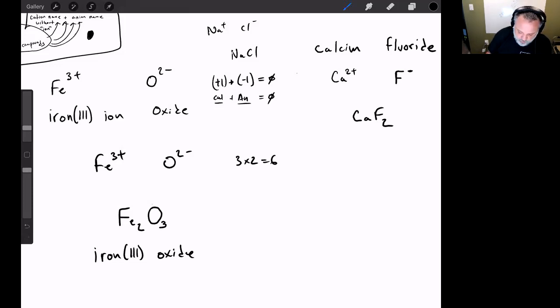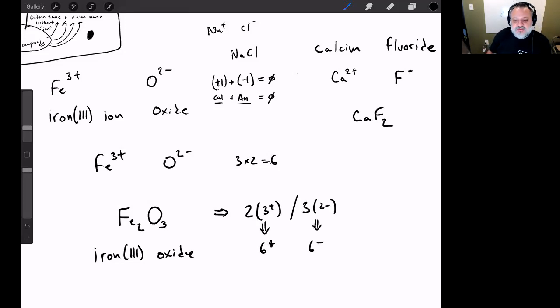Let's think about what the overall charges are. I have 2 ions that have a 3+ charge. This means that I have a total of 6+ in the positive charges. I have 3 ions that have a 2- charge. So the total that I have is 6- from the anions. And if I add them together, the net is 0.